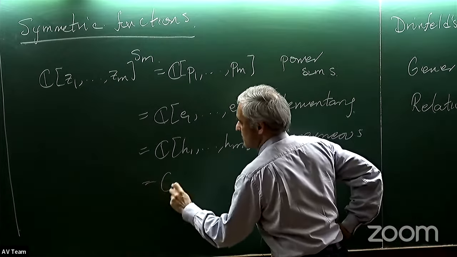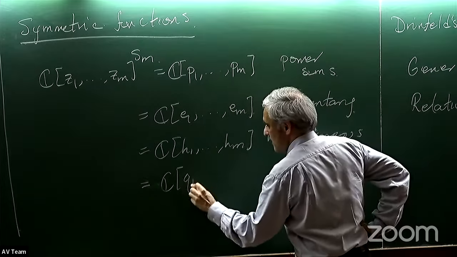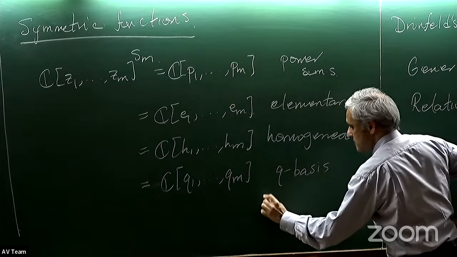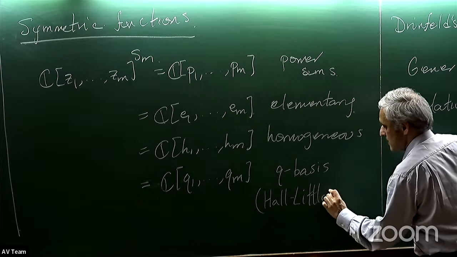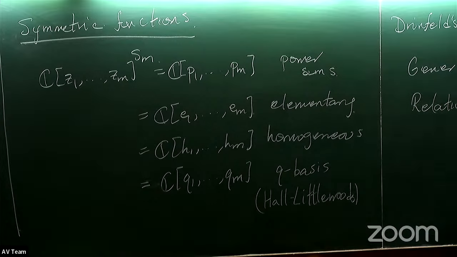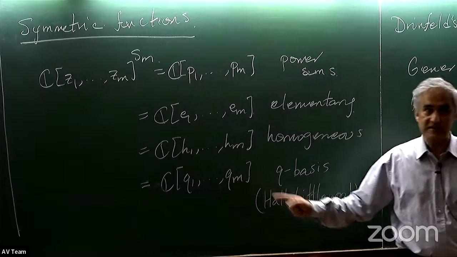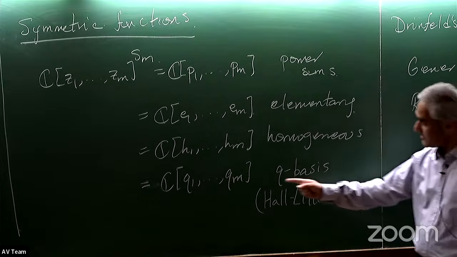Or you could use, so one of the things that comes up in this Drinfeld presentation is what I like to call the Q basis, or essentially the Q basis, which is made from the first Hall-Littlewood. Actually, I have a paper with Jeff Remmel and Tamsin Whitehead about this Q basis many, many years ago, because we used this Q basis to write down characters of the Hecke algebra of type A. So this appears in that setting.